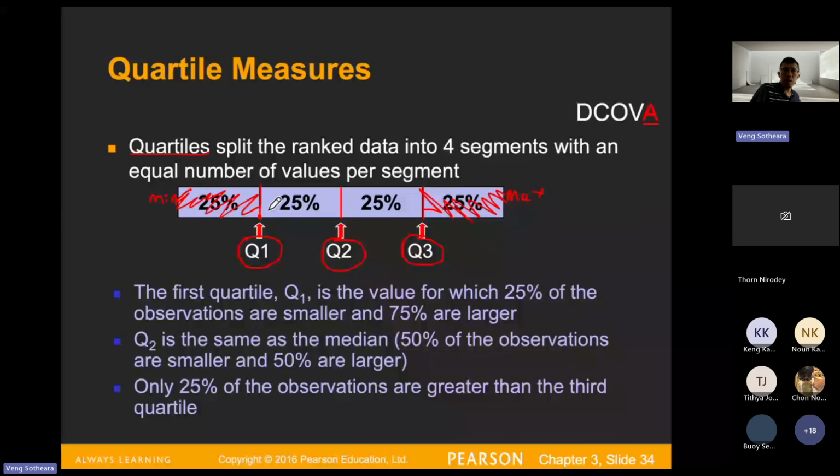So if you ignore values less than Q1 and values greater than Q3, you have only Q1 to Q3, where Q1 is the smallest and Q3 is the largest. If you compute the range in this case, it would be the IQR.